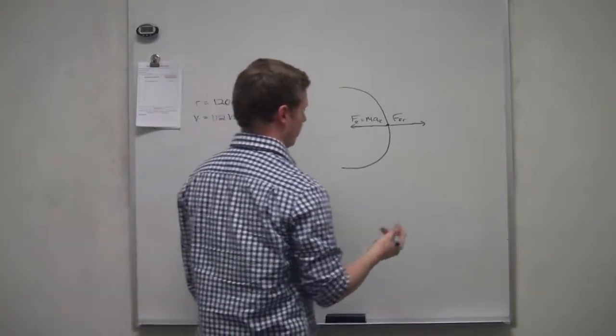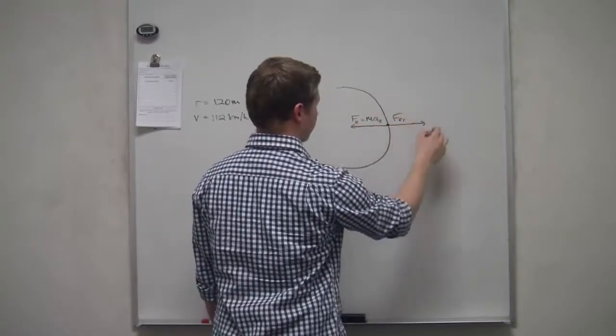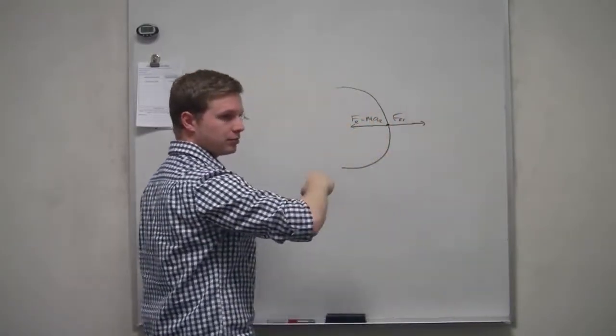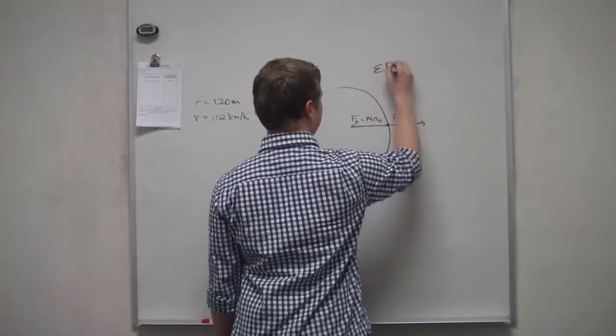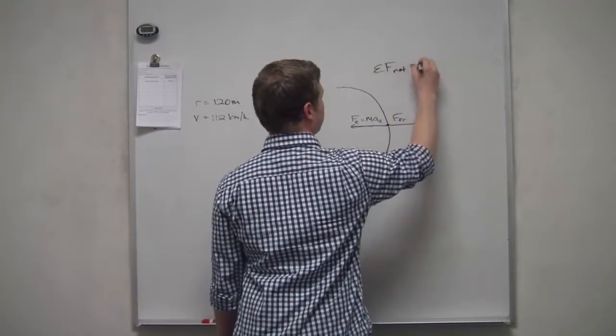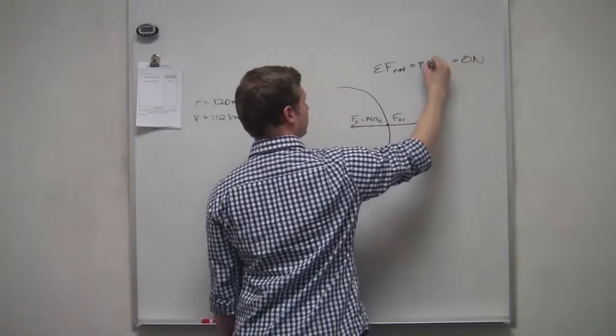Since it's static, what do we know about these two forces? Do they equal each other? Yeah, exactly. So our net force is going to be mass times acceleration, which is 0.